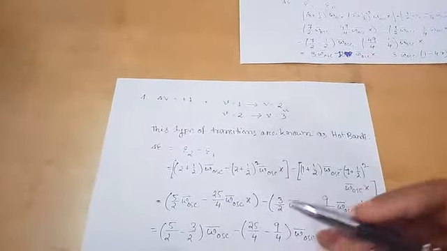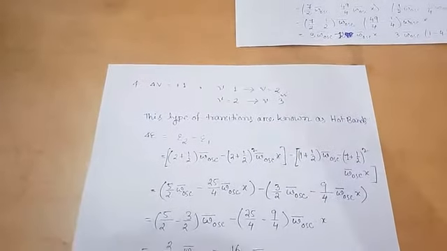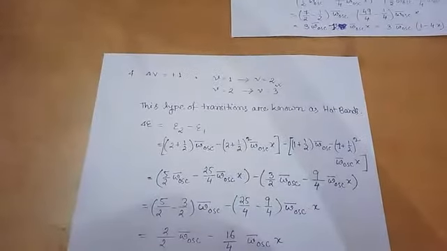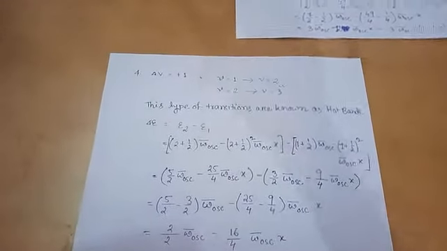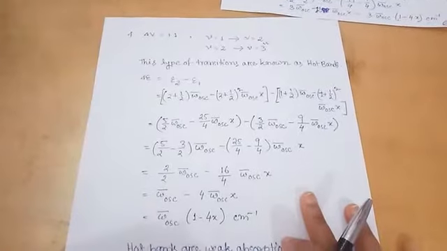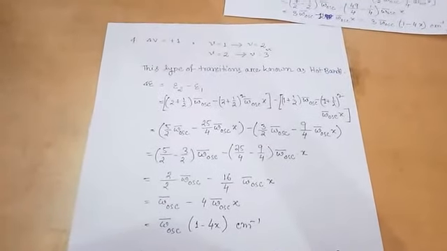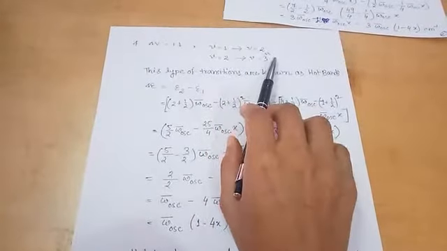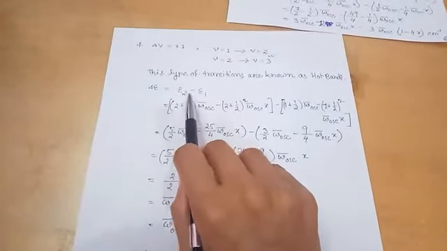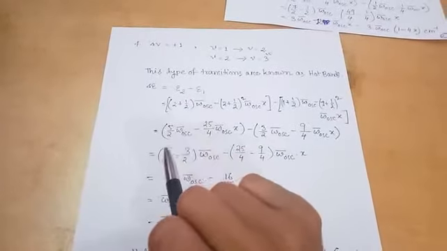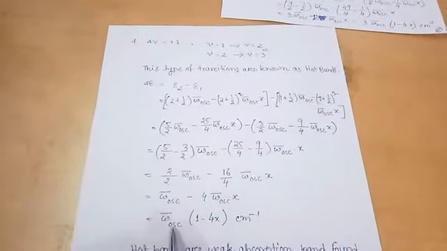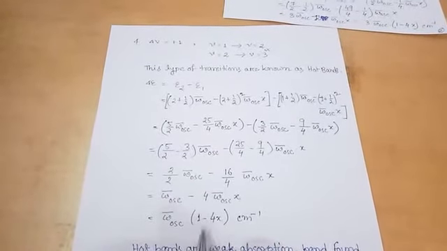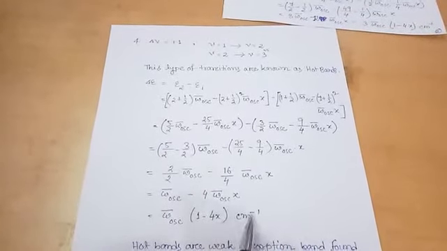The transitions that take place from the higher levels, except the 0 level, are known as hot bands. So let's find the energy difference for hot bands. Here we calculate the energy difference for the transition from 1 to 2 level. So we subtract epsilon 2 minus epsilon 1, and obtain the expression omega-bar_e (1 minus 4x) centimeter inverse.